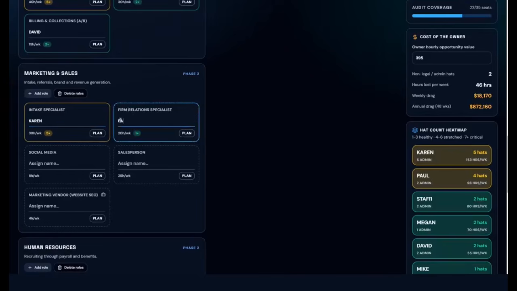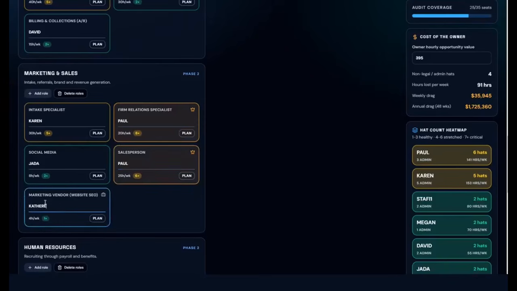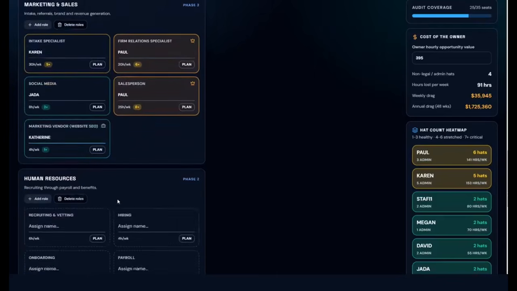So I'm going to put Paul. Social media. Jada just has a flair for this, the senior paralegal. Salesperson, that's me. And our marketing vendor, Catherine. She's actually the vendor as well as the person that deals with the vendor.